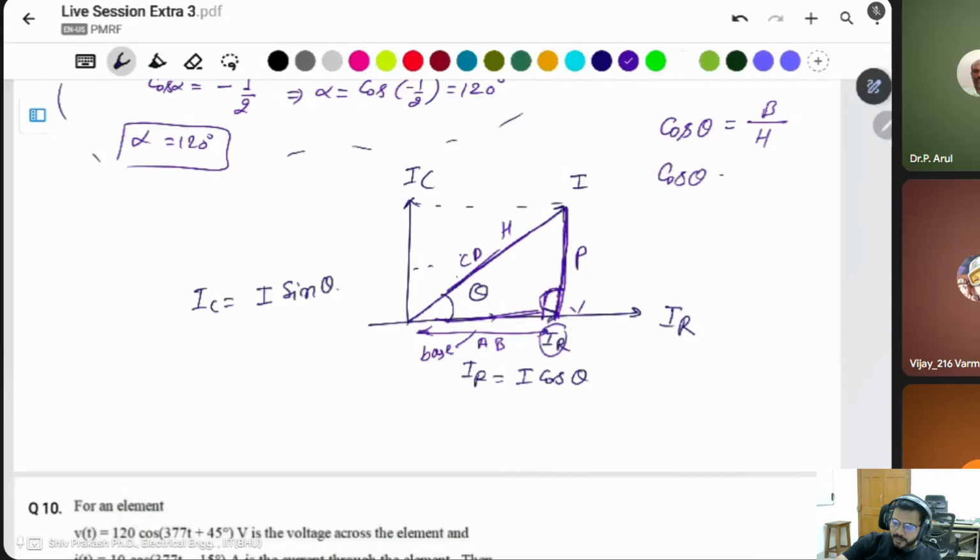Cos theta, base is IR, hypotenuse is I. Then what is the IR? I cos theta. This formula comes from here, using trigonometry in a right angle, cos and sine.